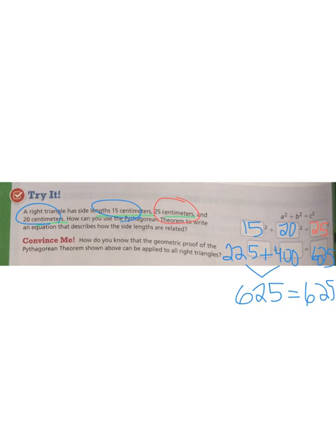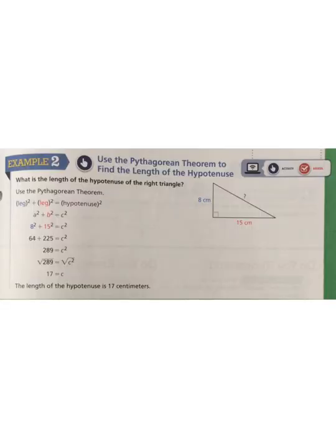Let's go ahead and look at two more examples. So in example 2 at the top of page 383, they gave us two side lengths, and they're asking you to find the hypotenuse. The longest side, remember the longest side is across from the 90-degree angle, so we know that is going to be C. And they walked through this example.